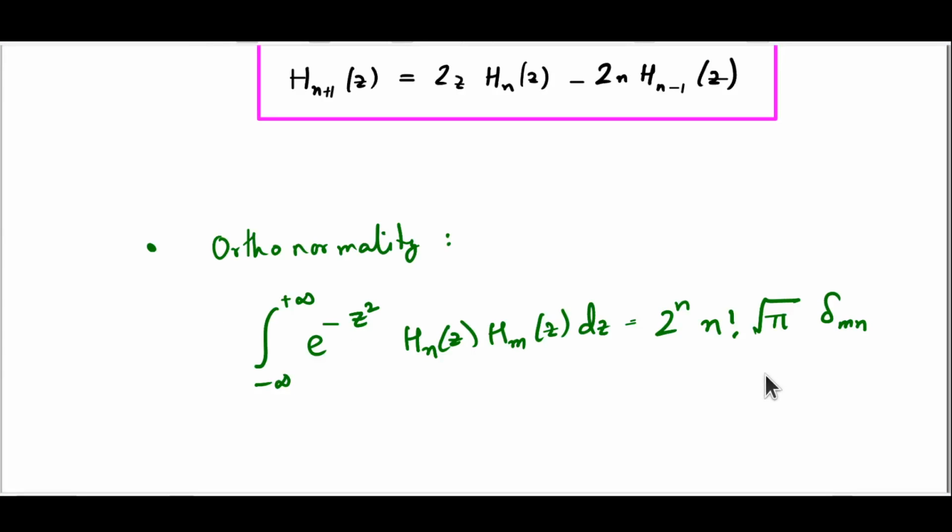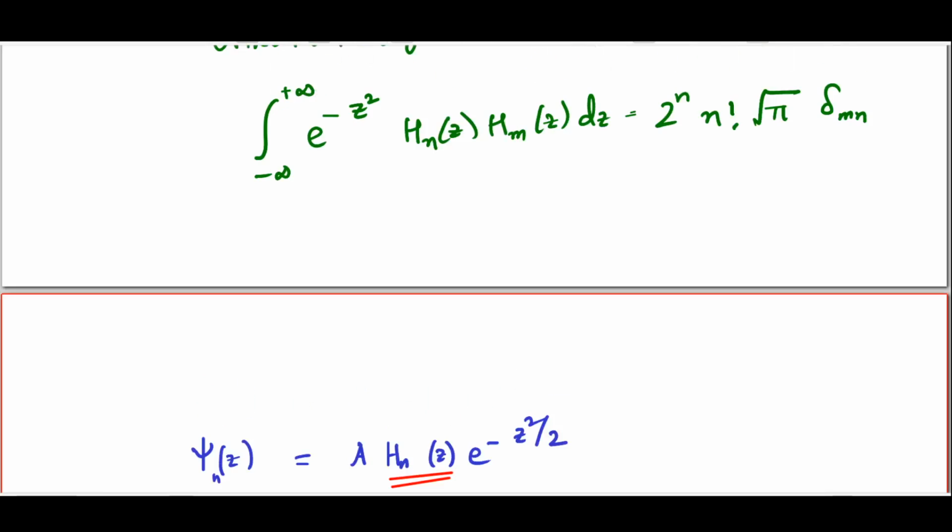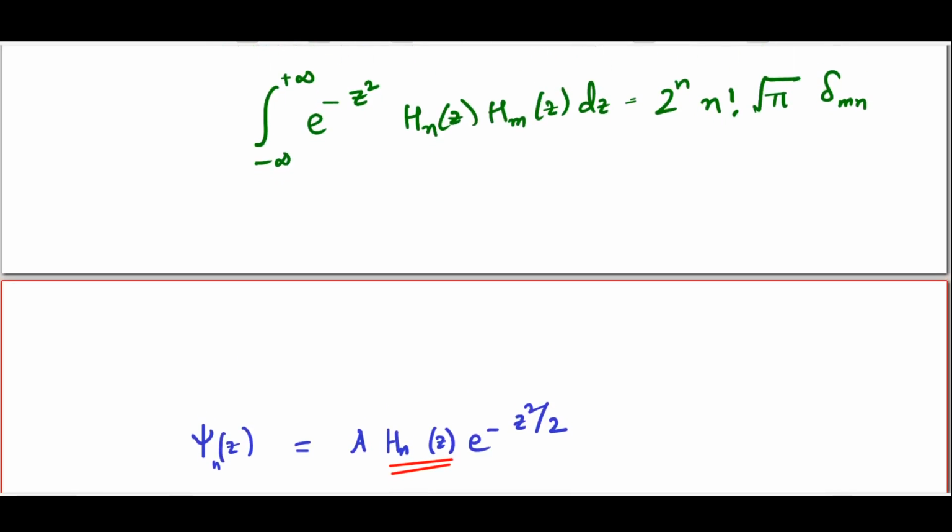Let us now see how we could use the mathematical properties that we have outlined right now in order to figure out various important physical results from quantum mechanics for the simple harmonic oscillator. In particular, well, let's start with the energy eigenfunctions for the harmonic oscillator.